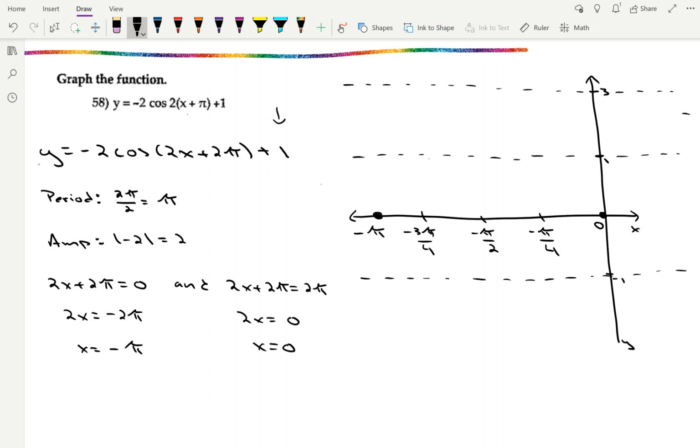Okay, so starting at -pi, we know it's cosine. Now the midline's at 1, so we know that this is the guy we're going around. And we know that the cosine would usually start up top, right? But since it's negative, we know that it's flipped. So we'll start right down here. We'll even make them blue. So there's your first spot, and then your first quarter spot would probably be right here.